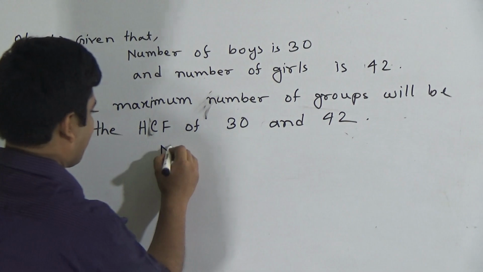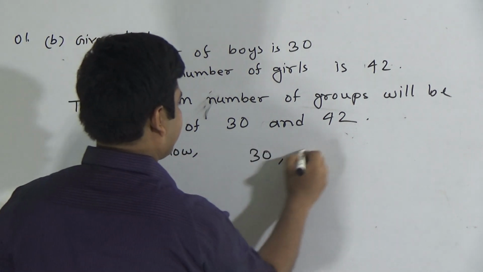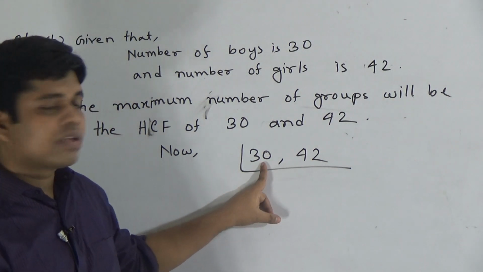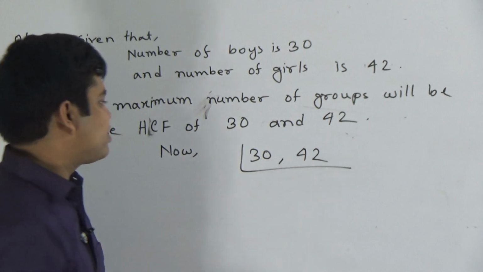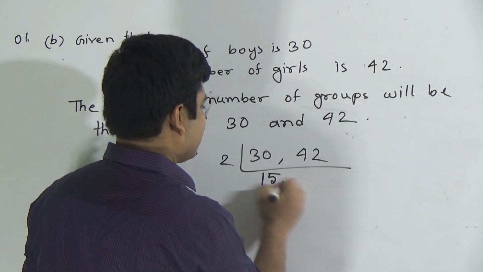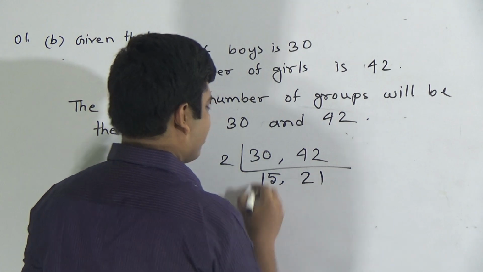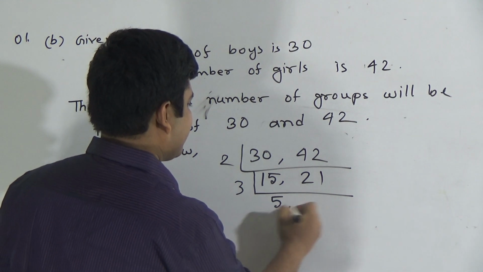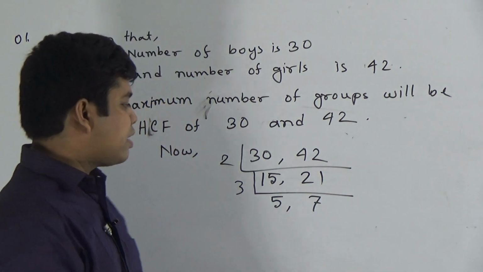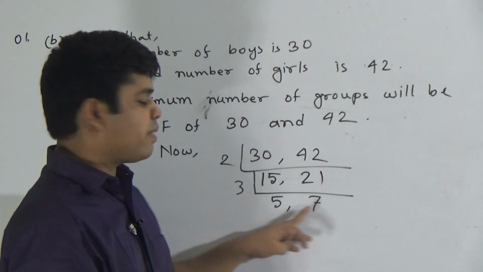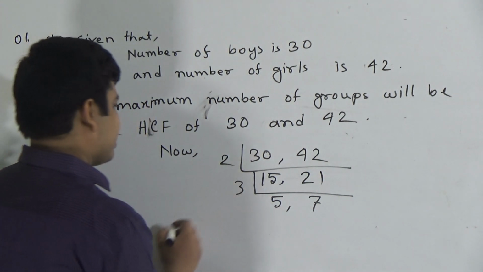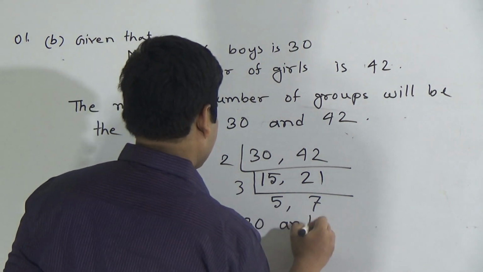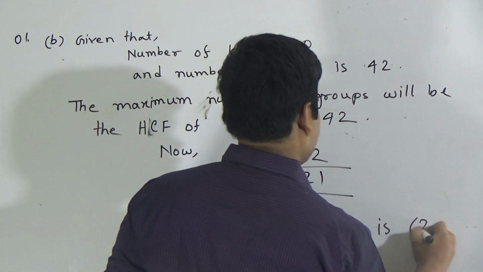Okay, now 30 and 42 both are even numbers. For this reason both numbers are divided by 2. 2 15s are 30 and 2 21s are 42. Next we divide both numbers by 3. 3 5s are 15 and 3 7s are 21. Now notice there is no common prime factor between 5 and 7. So the HCF of 30 and 42 is 2 multiplied by 3.